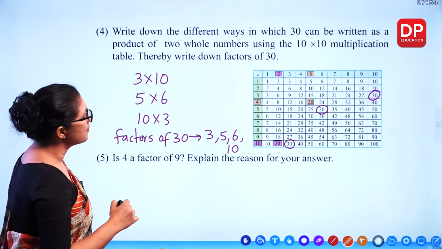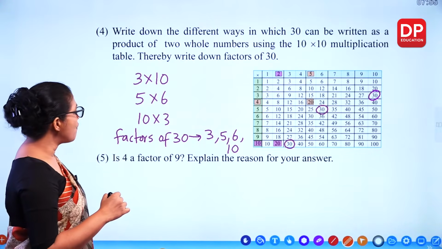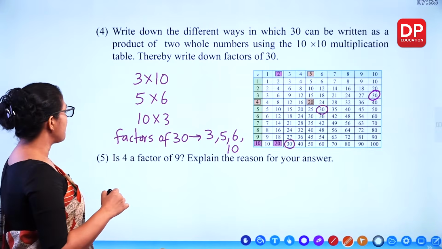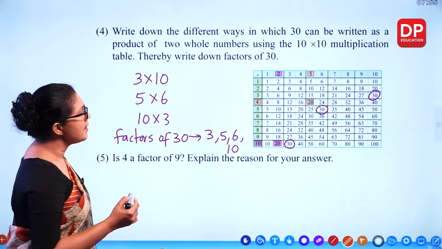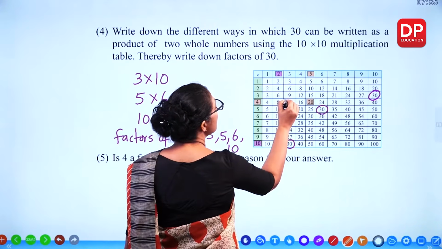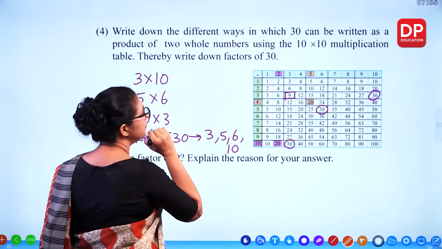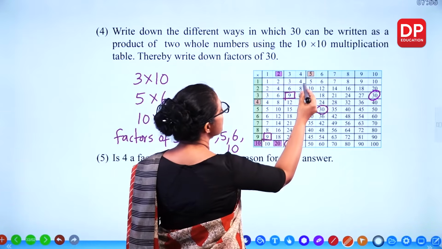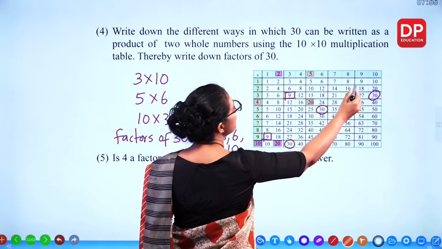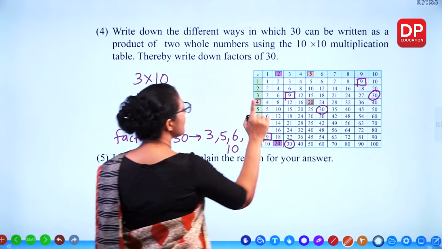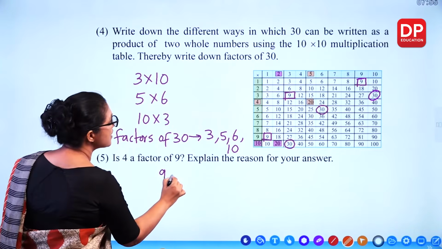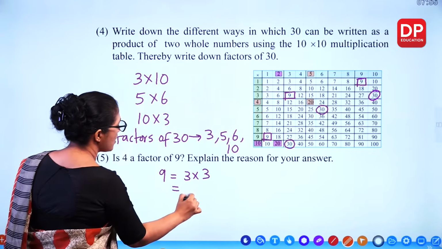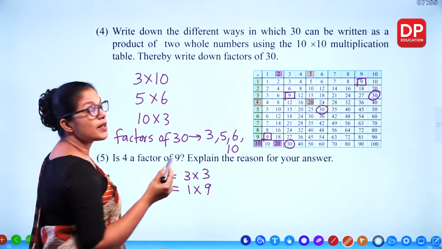Is 4 a factor of 9? Explain the reason for your answer. So 9, what are the possibilities here? Here and here. So 9 you can write 3 times 3 and 1 times 9. 9 times 1 the same thing.